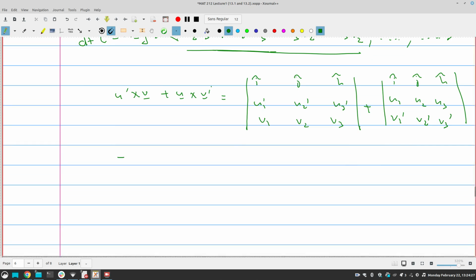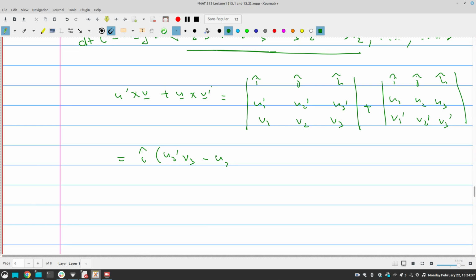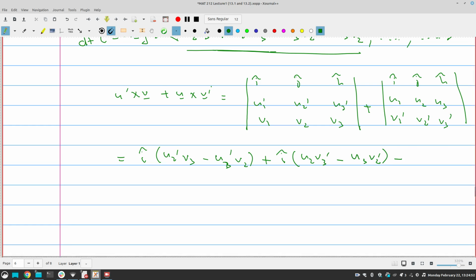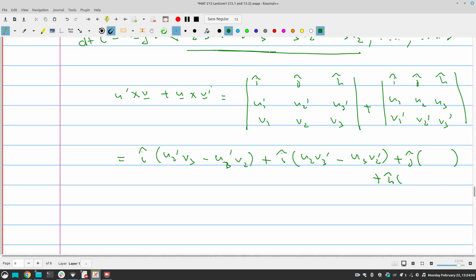Taking the i common, this is u2 prime v3 minus u3 prime v2 plus u2 v3 prime minus u3 v2 prime, plus the j component plus the k component.